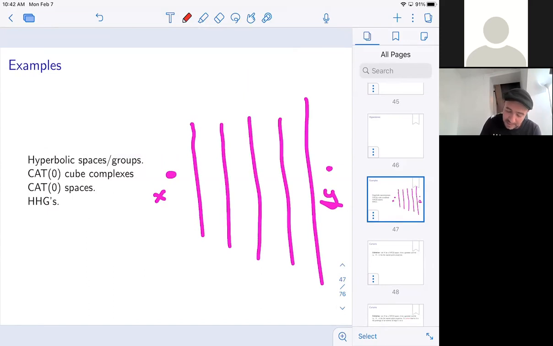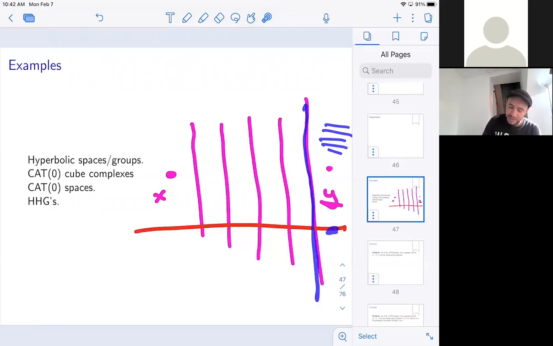You just say, I'm going to send this entire half space to this point, this entire hyperplane to this point, this entire half space to this point, this entire hyperplane to this point. And what you get is a map that sends X and Y a distance equal to the number of hyperplanes in the chain that separate them.